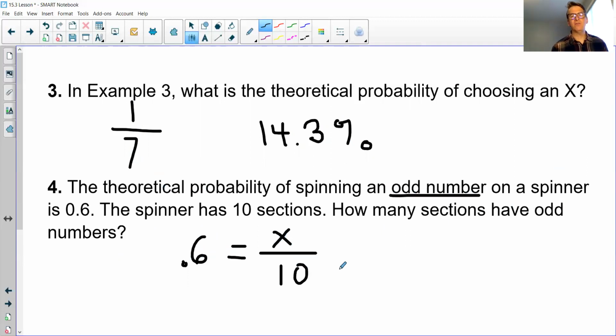If you imagine a spinning wheel, how many sections have odd numbers? This is the number X we're looking for. Cross multiply, 0.6 times 10. So X is equal to 6. So there are 6 odd number spinner sections for number 4.